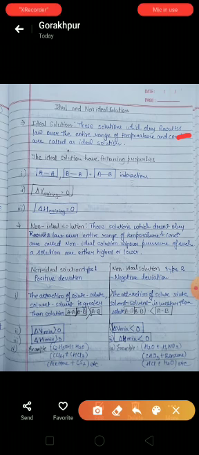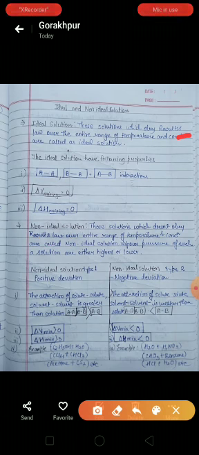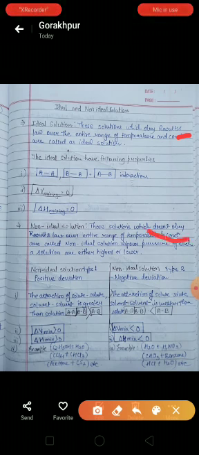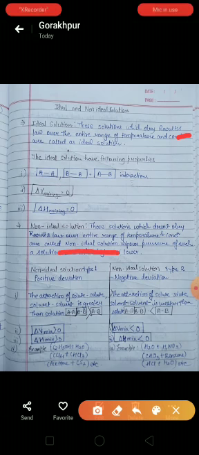Now coming to the next point, that is non-ideal solutions. They are just the opposite of ideal solutions, that is, those solutions which do not obey Raoult's law over the entire range of temperature and concentration are called non-ideal solutions. So what happens?